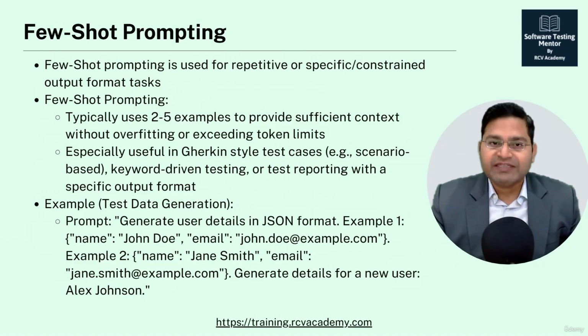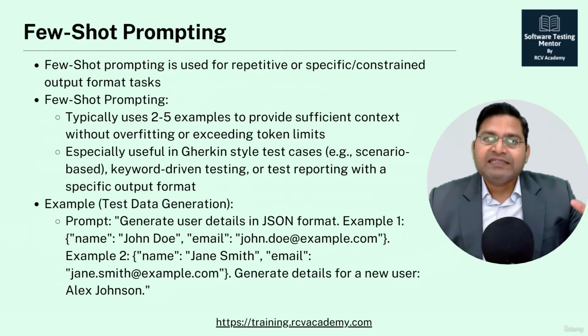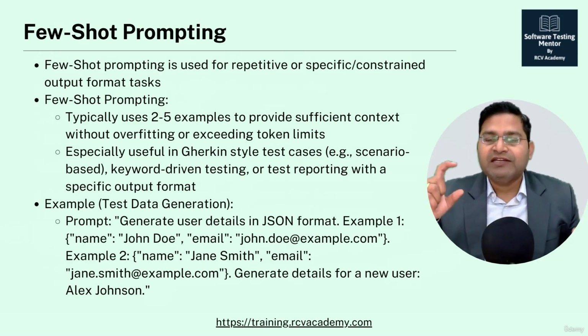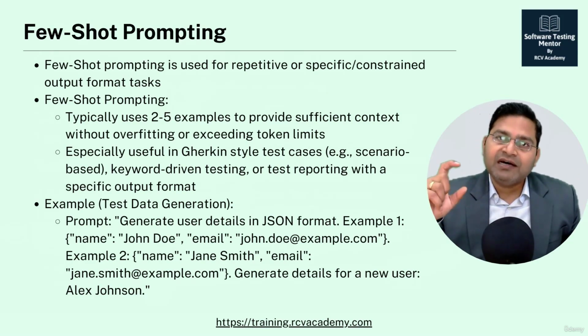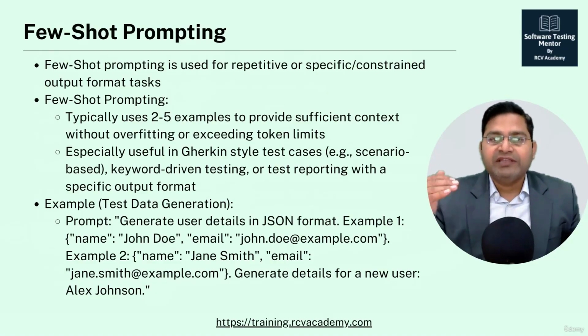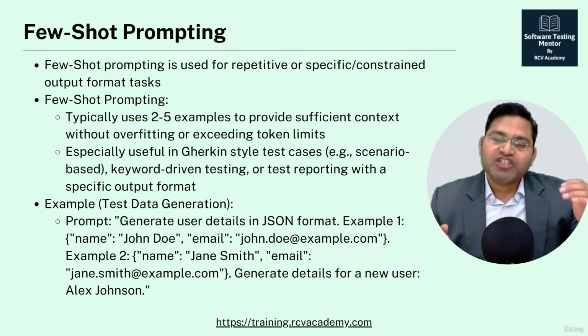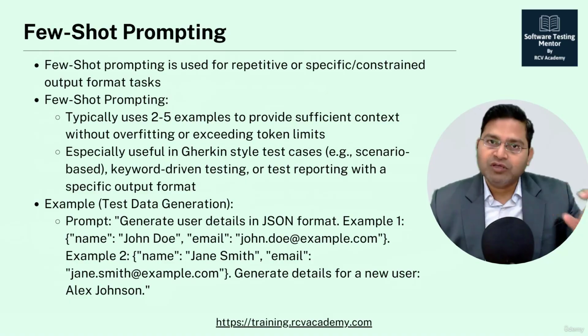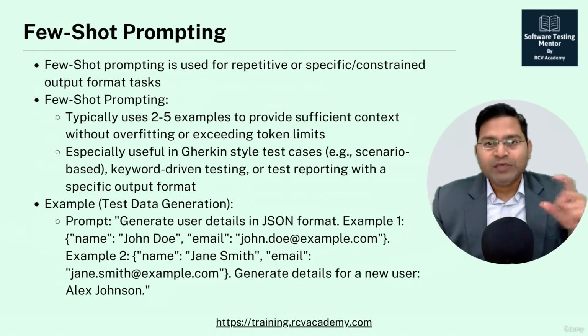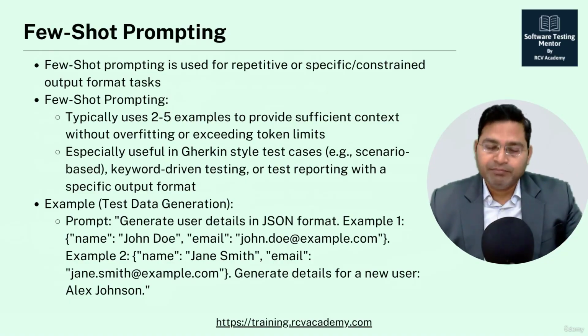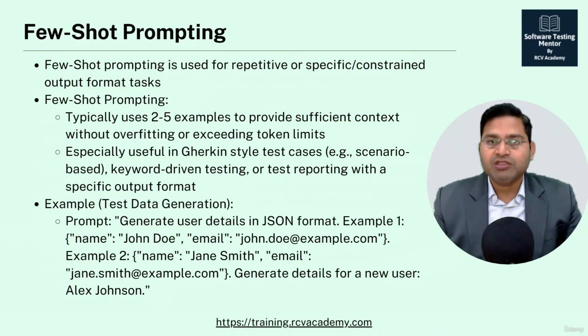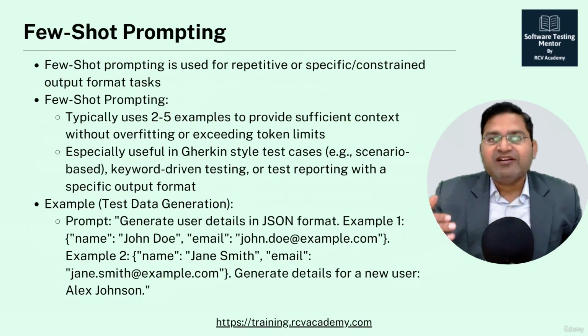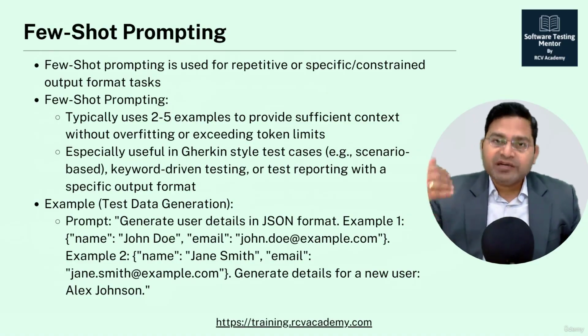So you provide 2 to 5 examples of test cases in the given-when-then format. Then Gen AI automatically checks that this is the format you are looking for. Because you have provided more than one example, that makes it few shot prompting, and it then generates the output as per the format of the examples you have provided.